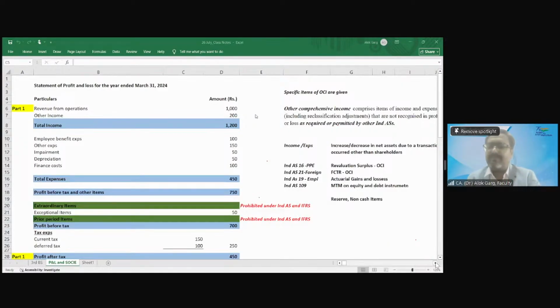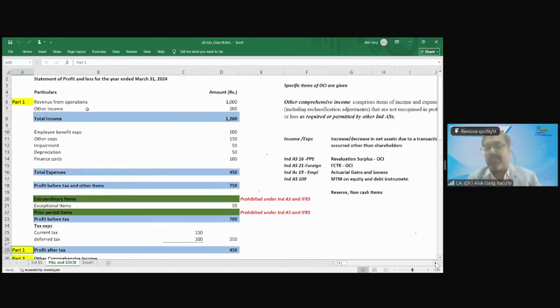So friends, to make profit and loss under Ind AS simple, I will take you through the journey of profit and loss, and with that, I will explain the statement of profit and loss. For the purpose of simplicity, I have bifurcated this profit and loss into two parts, part 1 and part 2. What is part 1?